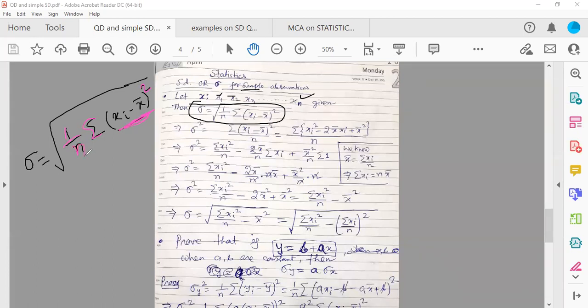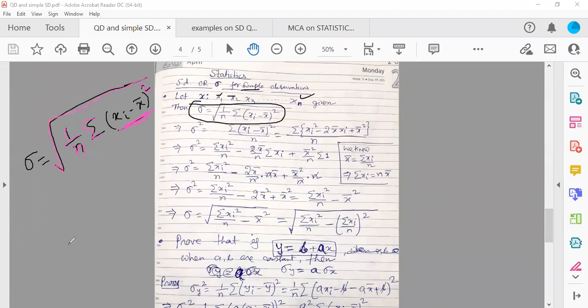So, the average of the sum of the square deviation from the arithmetic mean, and then taking the square root.